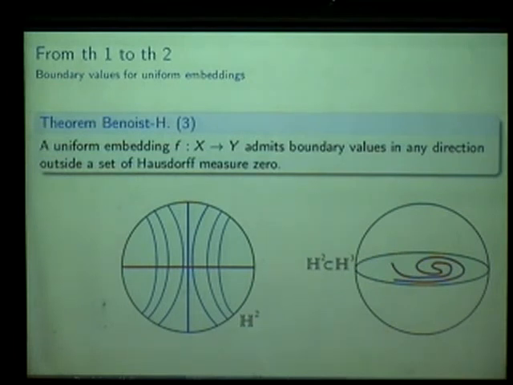But here I use the right geodesic sent to a nasty-looking curve in the plane, which spirals away to infinity. And of course, the image of this red geodesic doesn't have any limit direction.